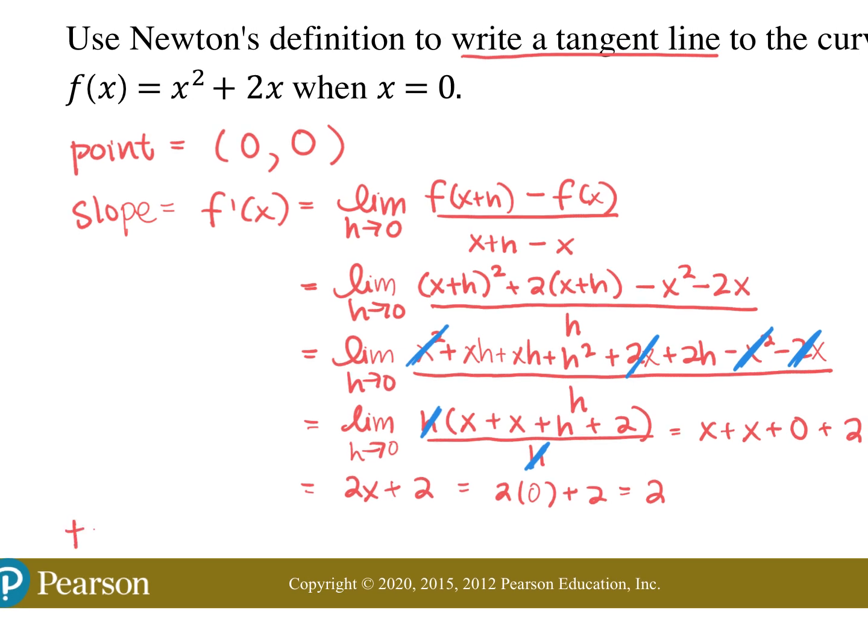And the tangent line is y minus y1 equals m times x minus x1. And then we just change those values to be 0, 0, and 2. So y minus 0, 2, and x minus 0, and we have our tangent line, which you're welcome to clean up if you want, but you don't have to.